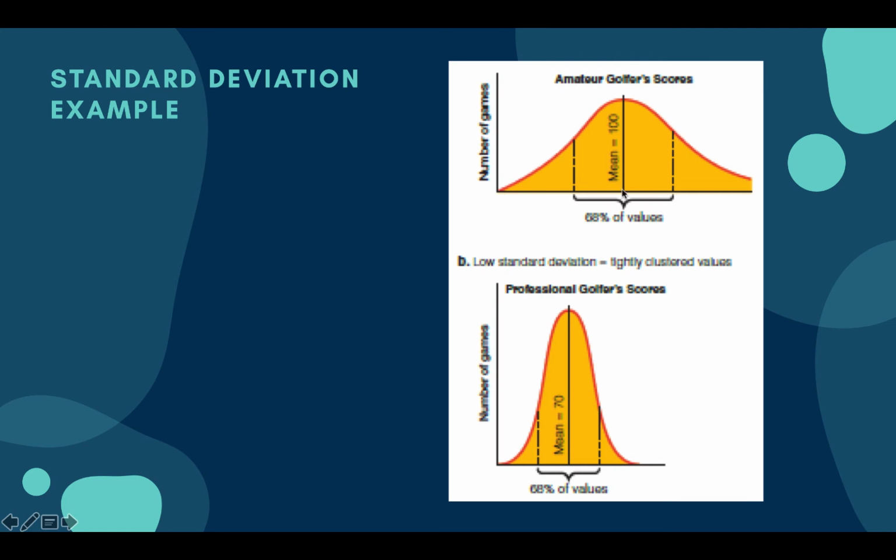No matter what, -1 and +1 standard deviations of the mean covers 68% of the cases, regardless of the distribution, or regardless of the mean of the distribution, right? So the standard deviation is very helpful for describing what's going on in a distribution.